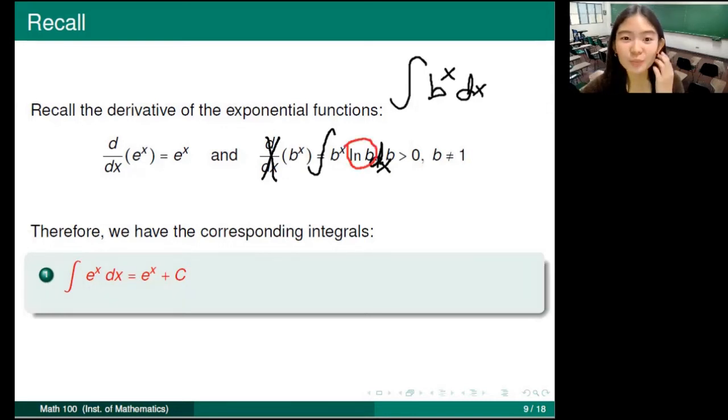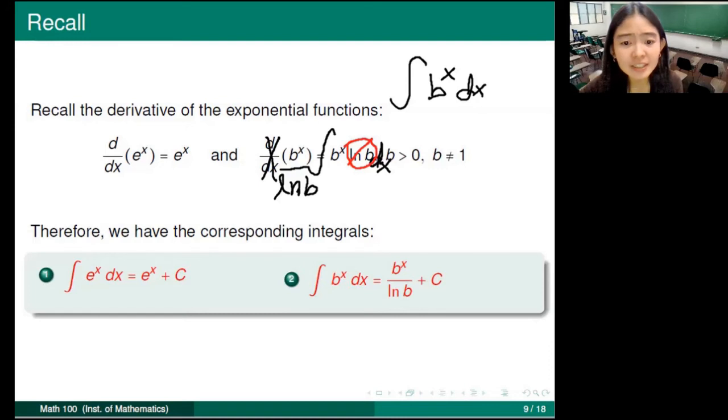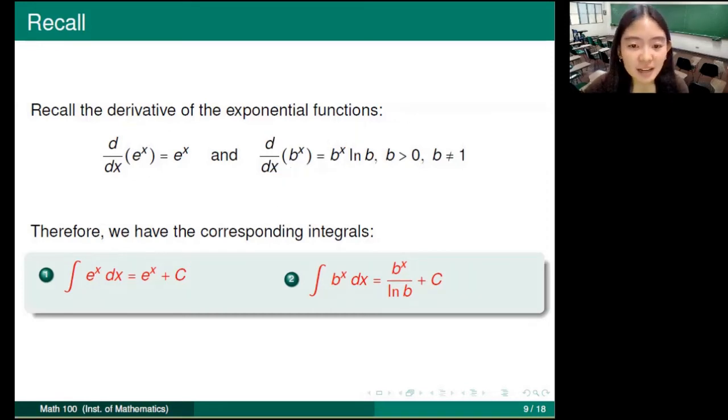So, itong constant na to, pwede nating ilipat sa other side ng equation actually. So, dividing both sides by ln of b, magkakaroon ako dito na b raised to x over ln of b. So, yun. Ang ating b raised to x dx integral nun ay b raised to x over ln of b plus c. So, ito yung ating mga integral formulas.